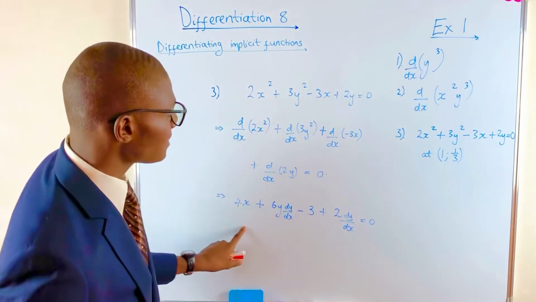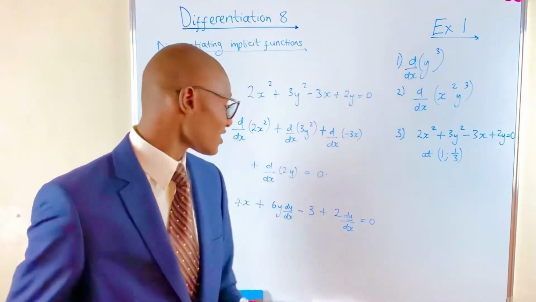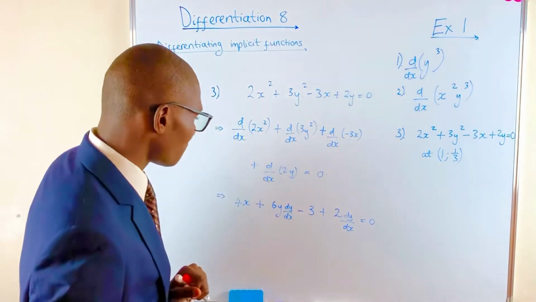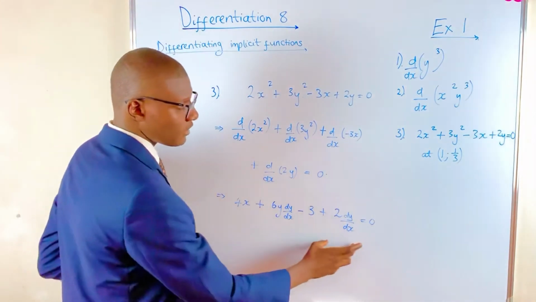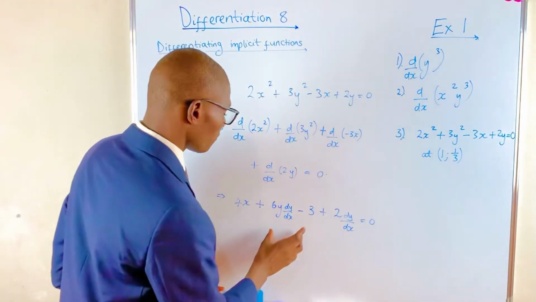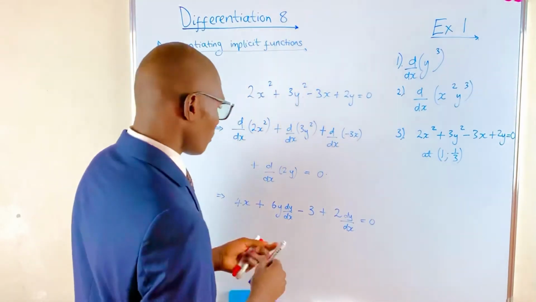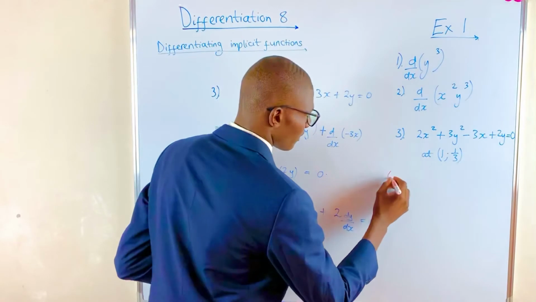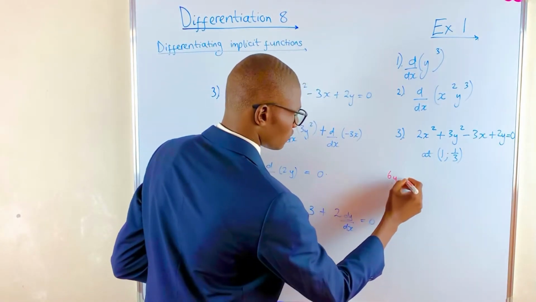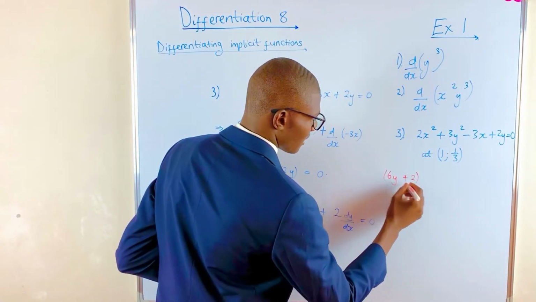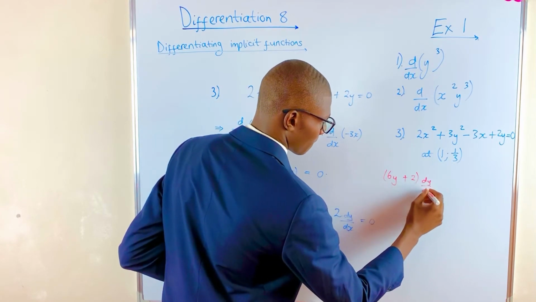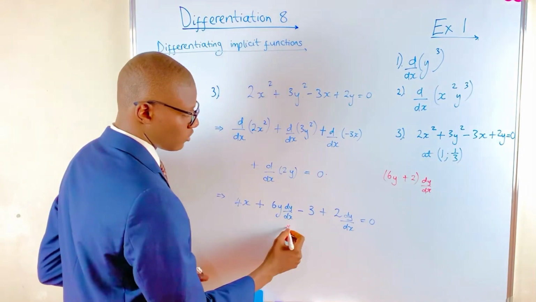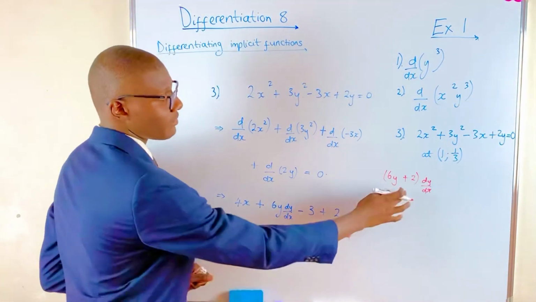So now, the next step, because we want the gradient function, we shall make dy by dx the subject of the formula. If we group like terms, we've got 6y plus 2, allow me to write it here, times dy by dx. I've just combined these two, and then I factored out the dy by dx.